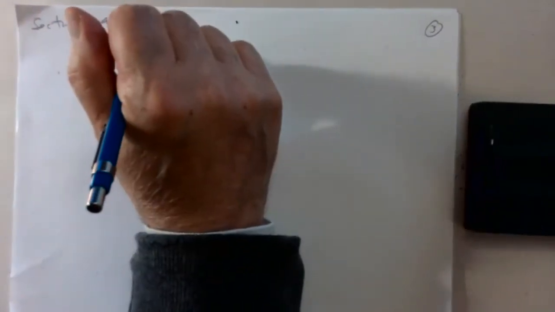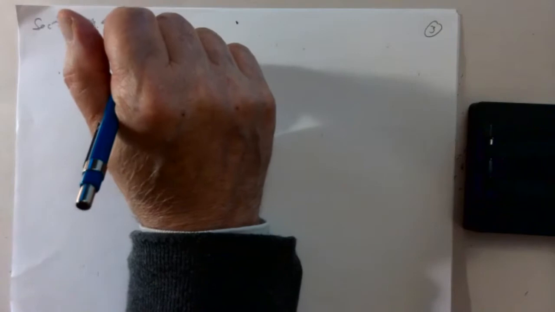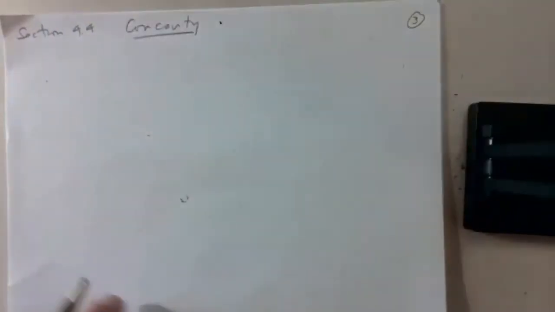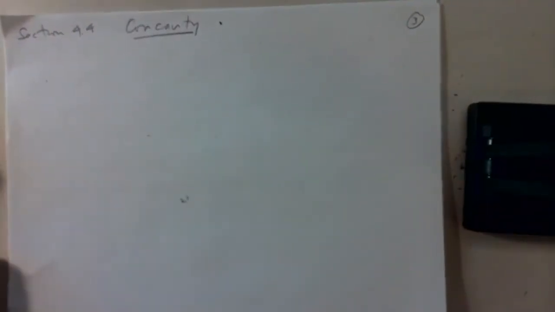Okay. Then we will go on to section 4.4, which is concavity. And there's several ways to define concavity. And one, chosen by the author of the book, is the following. Suppose we have a function y equals f of x, which is differentiable.